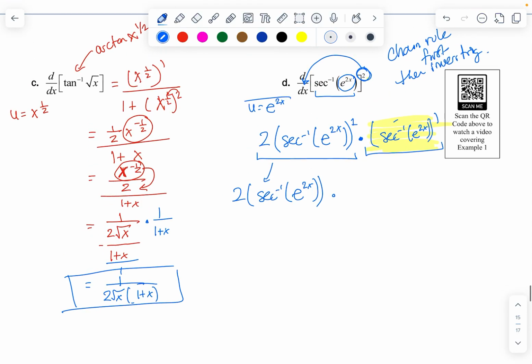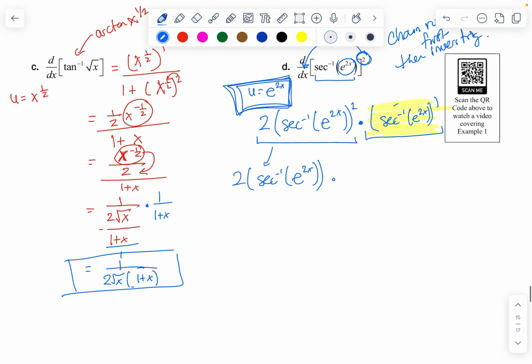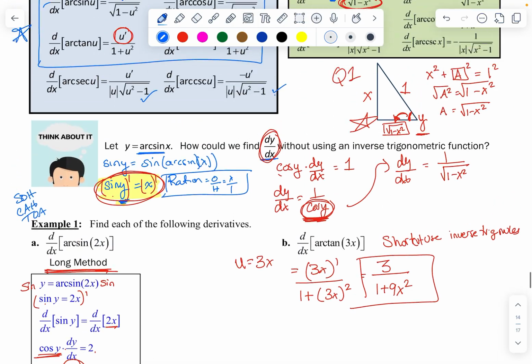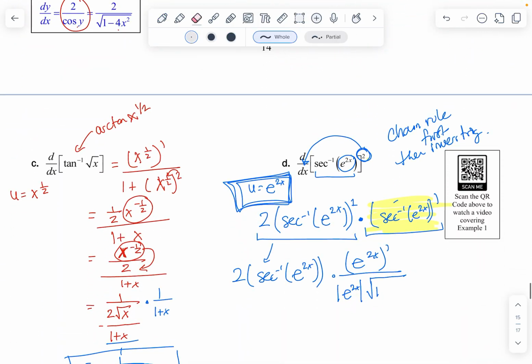So remembering that u in there was e to the 2x, it's going to be u prime, the derivative of e to the 2x, over absolute value of e to the 2x, times the square root of u squared minus 1, which is e to the 2x squared minus 1.